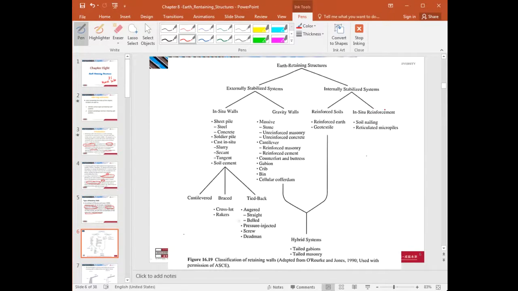Internally stabilized means that, suppose you have a structure there, a wall, or a slope. Say there's a wall. Now, this wall could be made up of reinforcement. What sort of reinforcement?